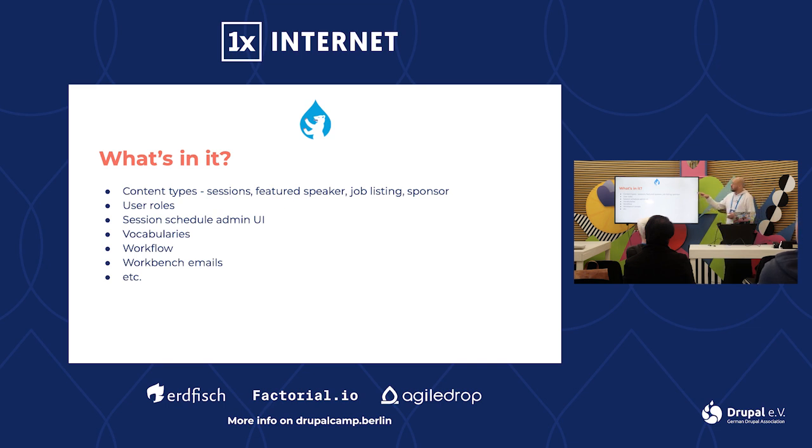We have a featured speaker content type. This is because the featured speaker is not supposed to be associated with an actual user. It's more like having this entity being teased on the website with different fields, like a user entity. Also job listings and sponsors are all content types. It's already there.